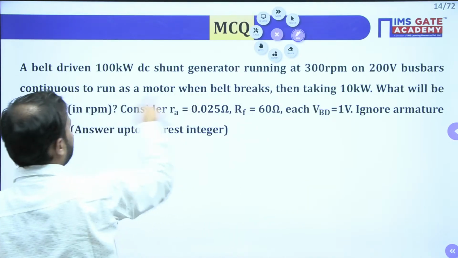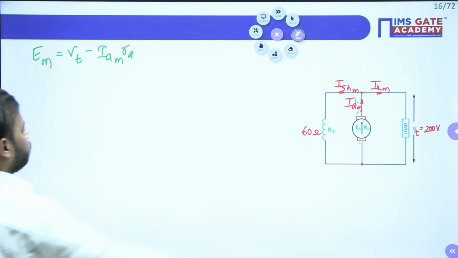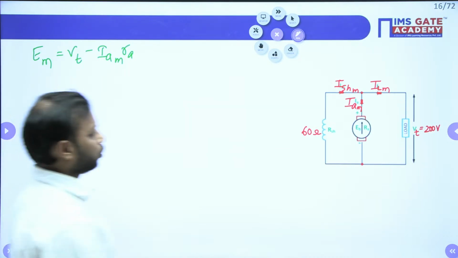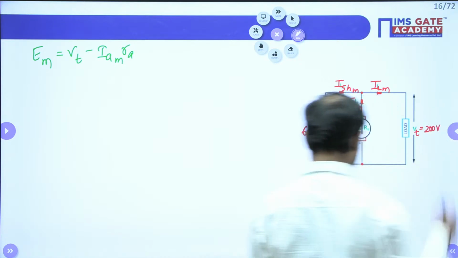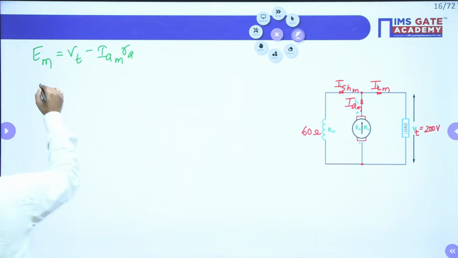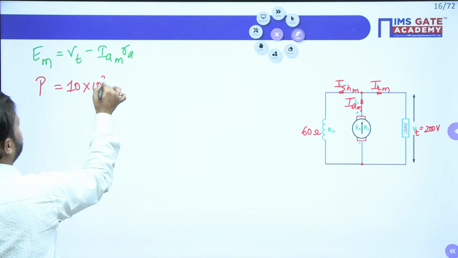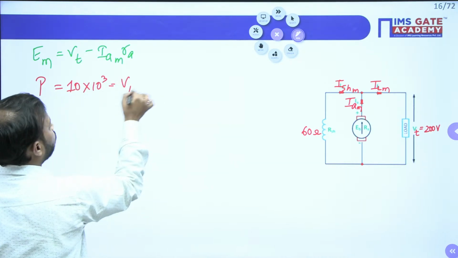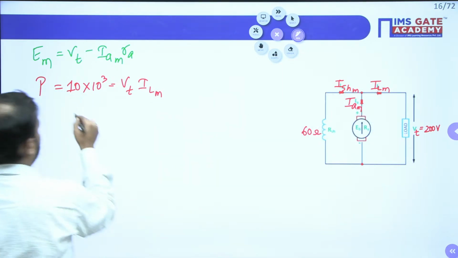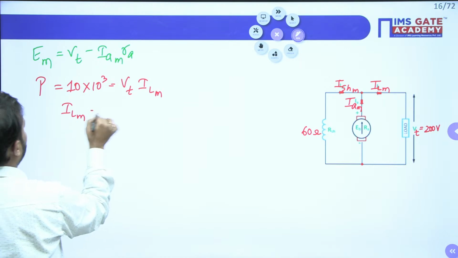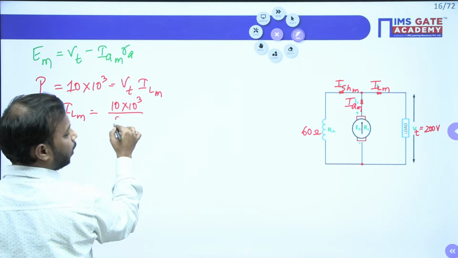When it breaks, the motor will run at a load of 10 kilowatt. So this 10 kilowatt is this power. So P is equal to 10 kilowatt, equal to VT into ILM. So ILM is equal to 10 into 10 to the power 3 divided by VT, which is 200.